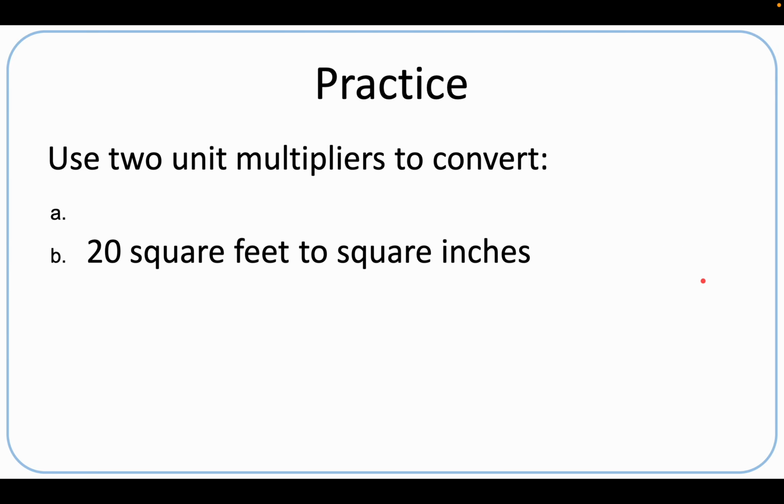Good, okay, second problem, convert 20 square feet to square inches. So I'm gonna write 20 feet squared, and then we need 2 unit conversions to cancel out our square feet. So 1 foot is 12 inches.